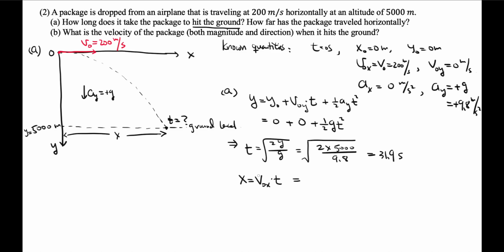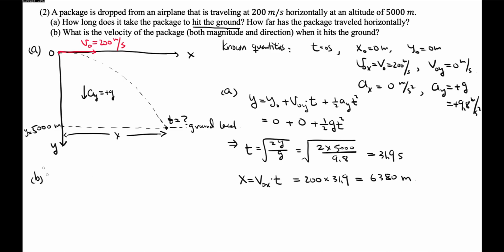Okay, because there's no acceleration in the x direction, so the package is going to do uniform motion in 1D for the x direction. So we have 200 meters per second times 31.9 seconds, and it gives us 6,380 meters.